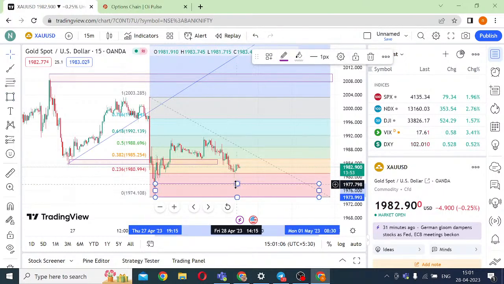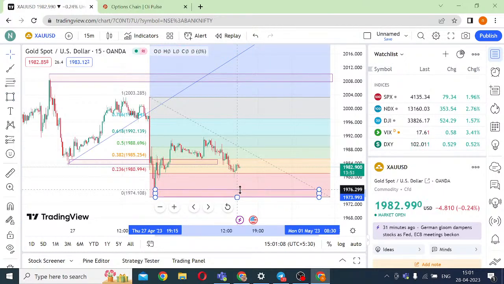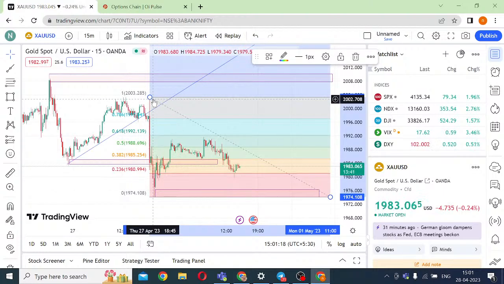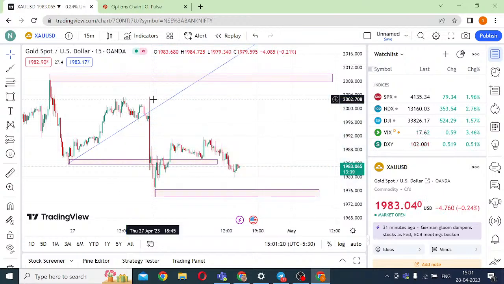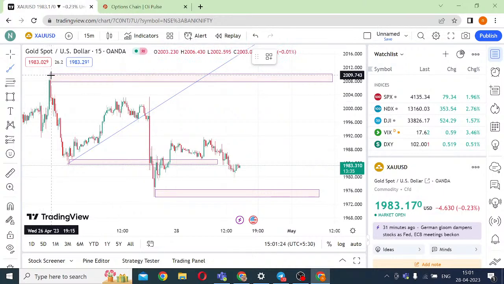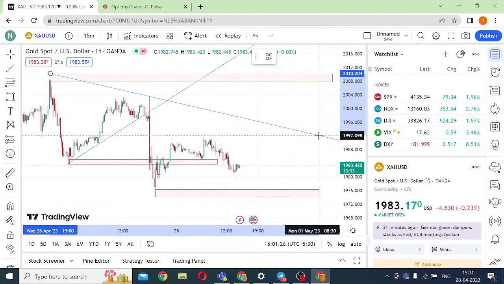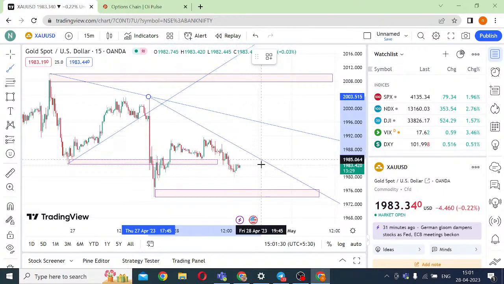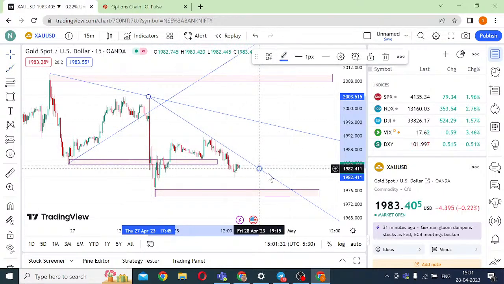If I get a trade, I'll try to refine this block. If it comes here somewhere and makes a bullish candle, I would like to take a trade on the long side. I'm just taking out this Fibonacci level. The reason for me going long, very simply, is that there is a trend line liquidity being created here.